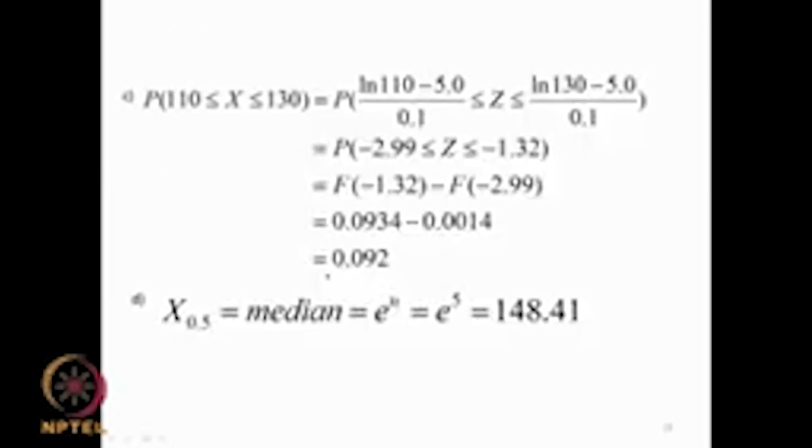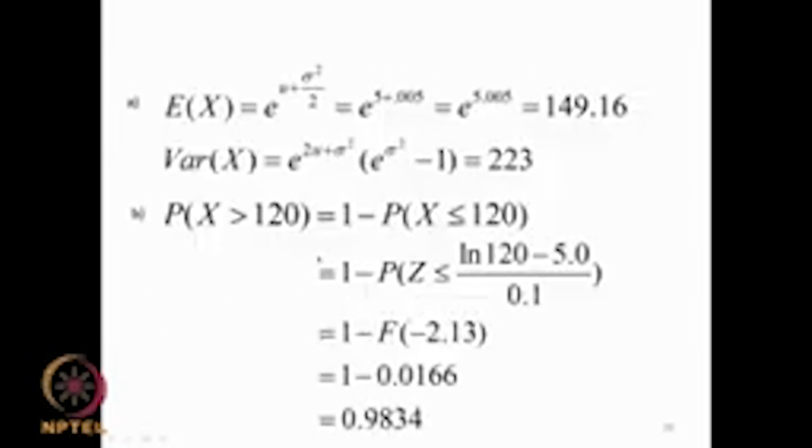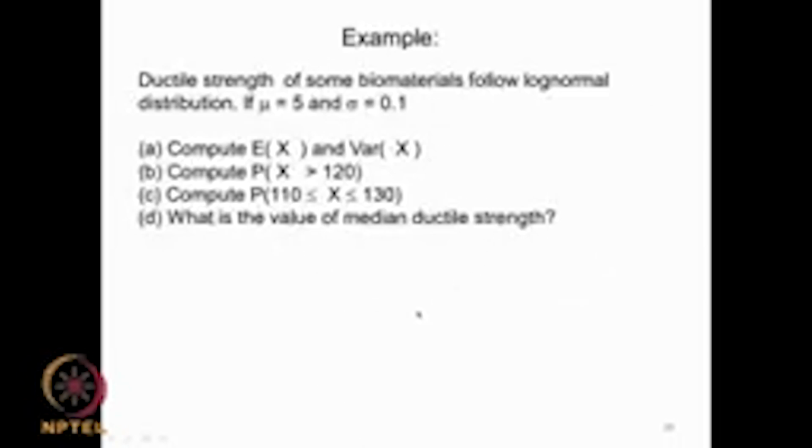So we subtract, we end up with 0.092. So the probability of x lying between 110 and 130 is 0.092.